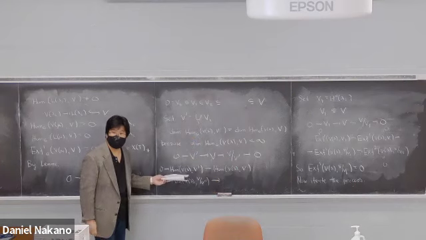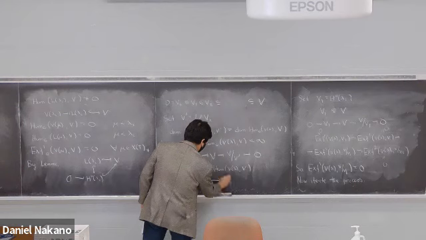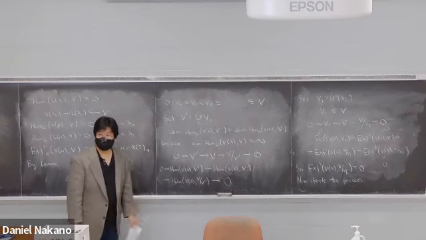What is Ext1 of this? 0. That's because V prime has a good filtration.